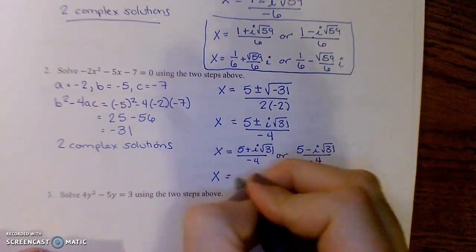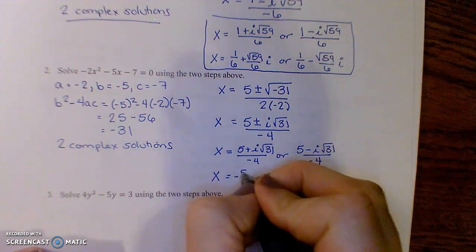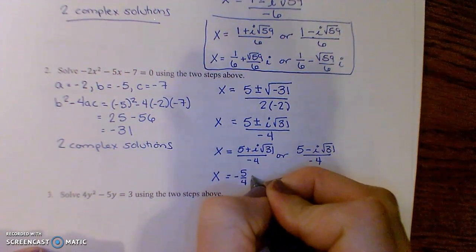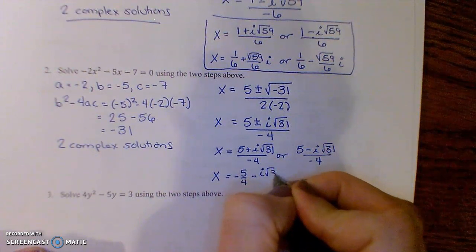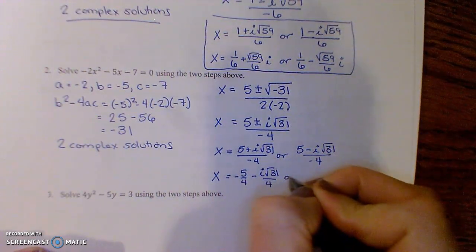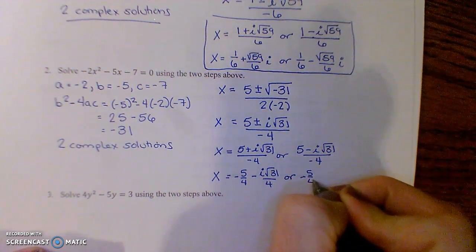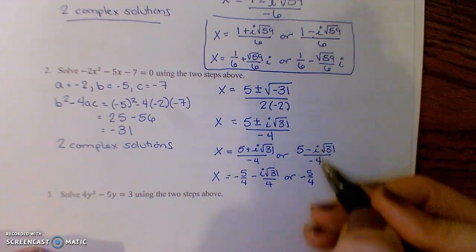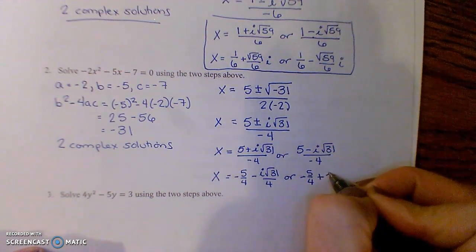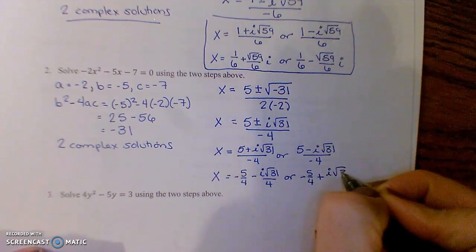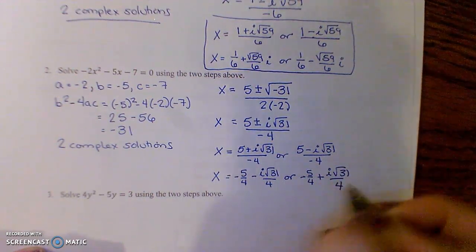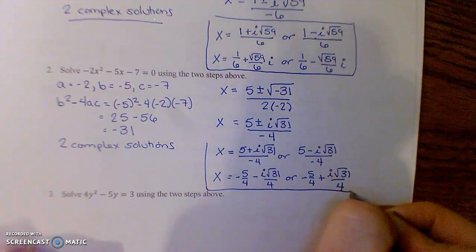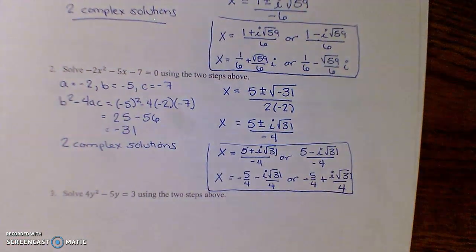So 5 over negative 4, you get negative 5/4 minus i root 31 over 4, or negative 5/4, and then here you've got negative over negative, that'll be a plus i root 31 over 4. So either way you want to state your answer should be fine.